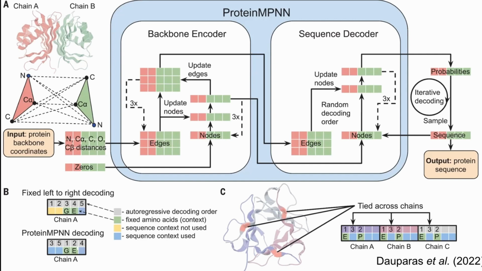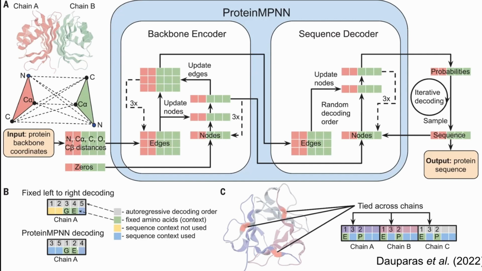The main network has two subnetworks. First is this encoder. It computes these refined node embeddings. So it takes the structure and basically parses it until it comes up with this n-dimensional matrix that contains all of this information about the different nodes and how they interact with each other.